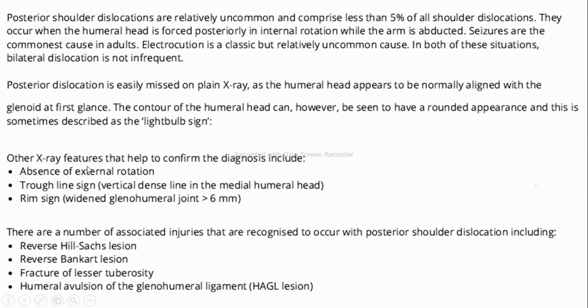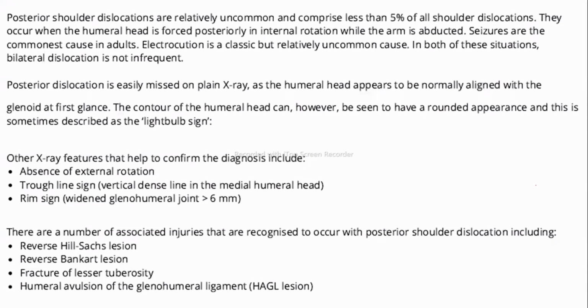For any joint, you can expect they will ask you in the examination. So what does absence of external rotation mean, guys? It means an injury to the infraspinatus and teres minor, mainly the infraspinatus.